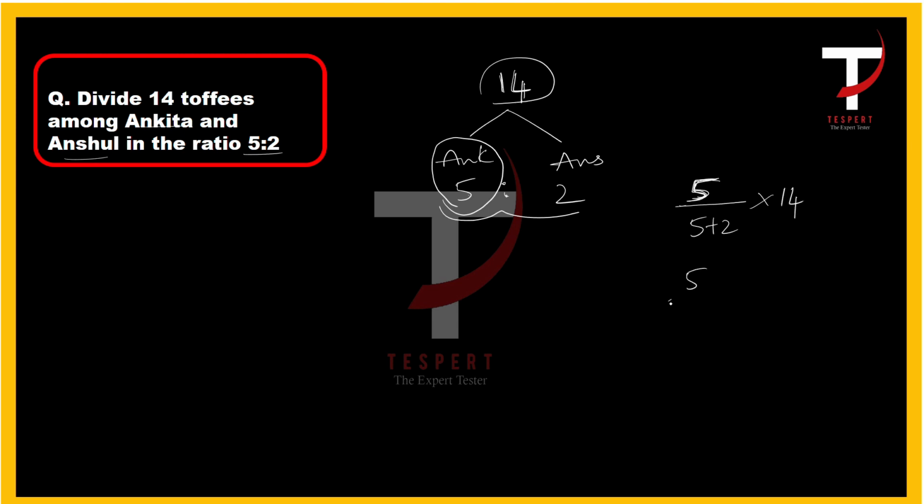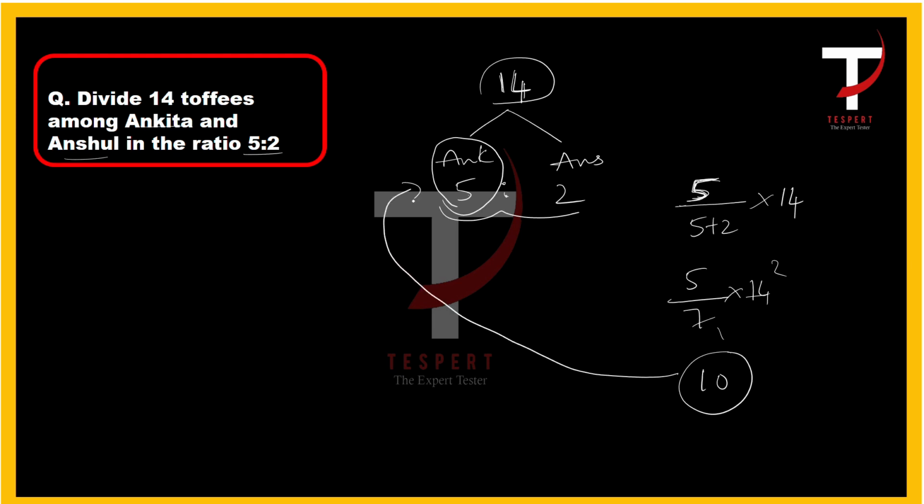So 5 by 7 into 14, which is equal to 10. So 10 toffees. Ankita gets 10 toffees and Anshul gets 14 minus 10 toffees, which are 4 toffees, right?